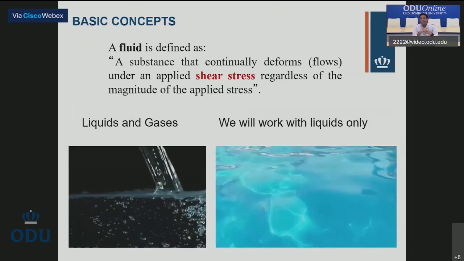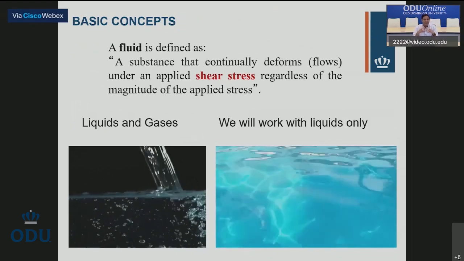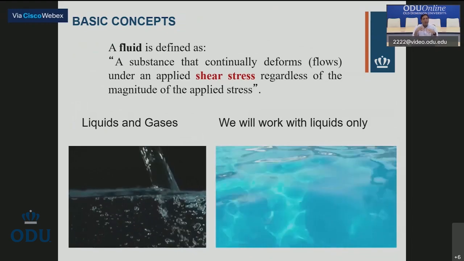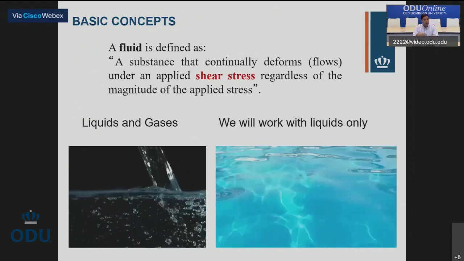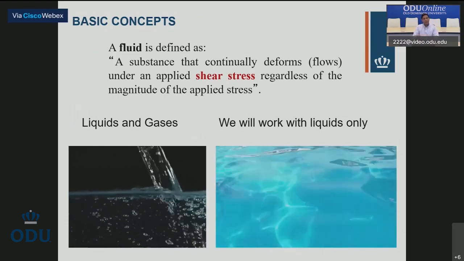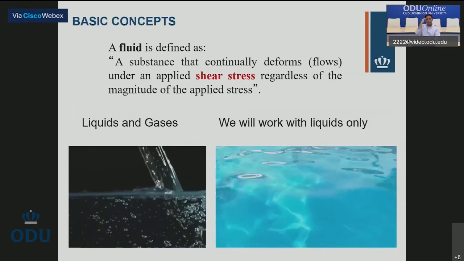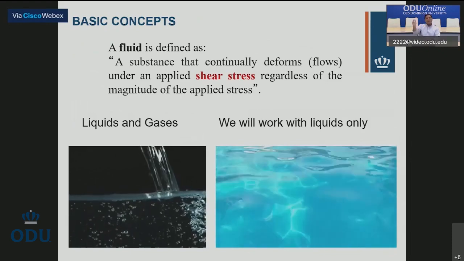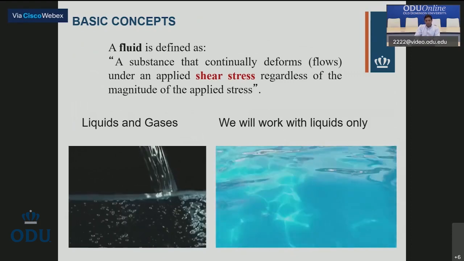Now, they could be extended to gases, but you have to be careful, because depending on how fast the gas is moving, the physics that you learn when dealing with liquids might be different. So if you take a fluid mechanics class, think in your head: fluid mechanics, liquids. But it might be extended for certain cases when gases are moving.